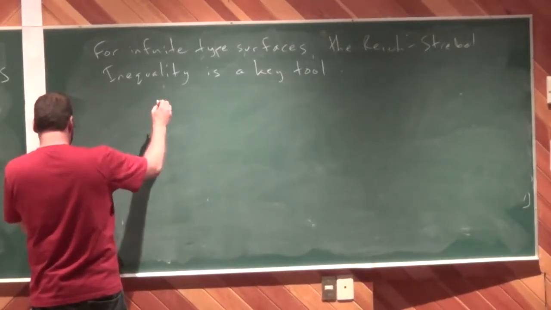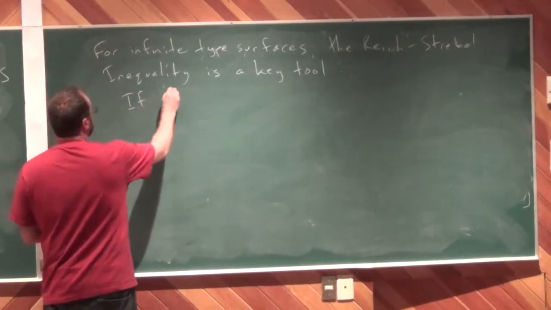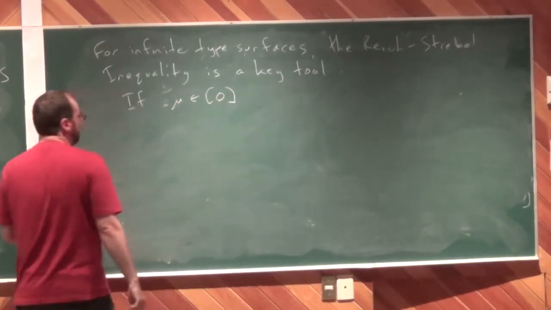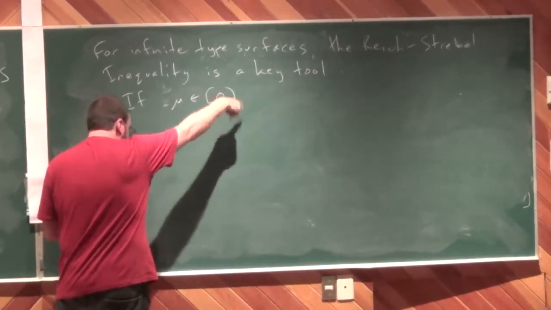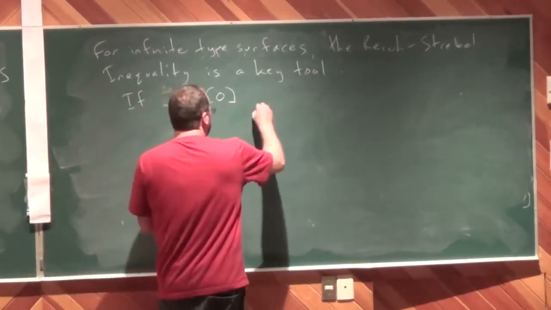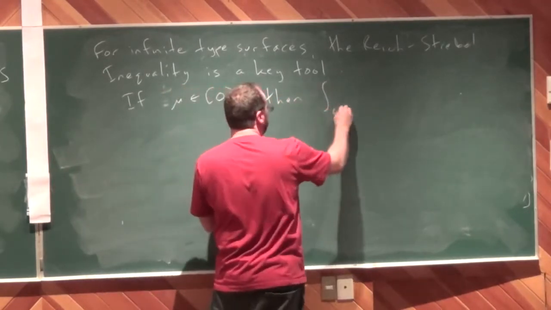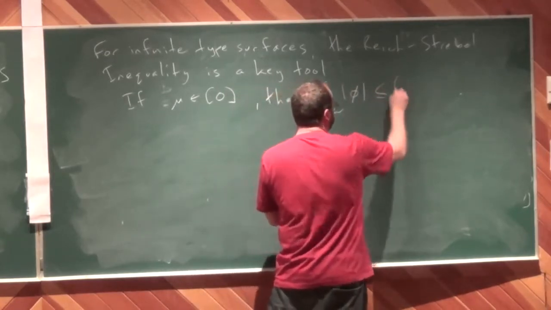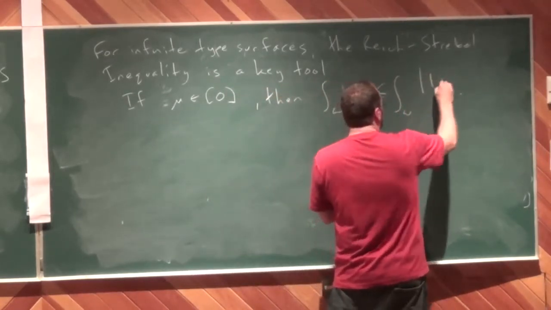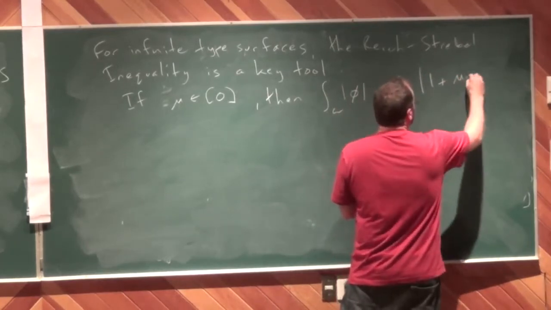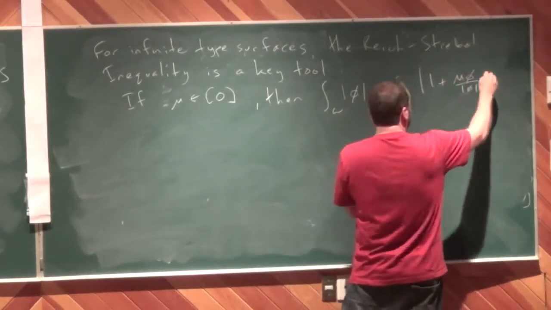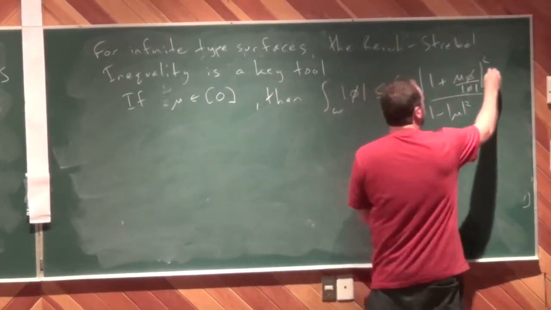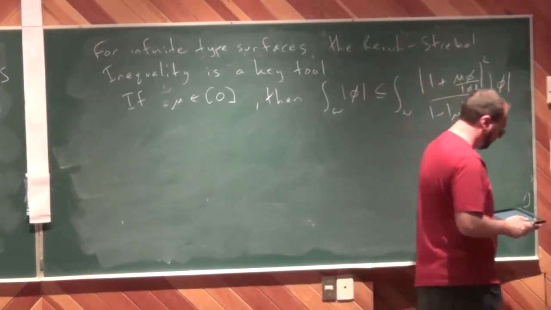But it says that if mu is in the base point of Teichmüller space, then the L1 norm of phi is less than or equal to the integral over omega of (1 + mu phi/|phi|) all squared, divided by 1 - |mu|^2, times the absolute value of phi.